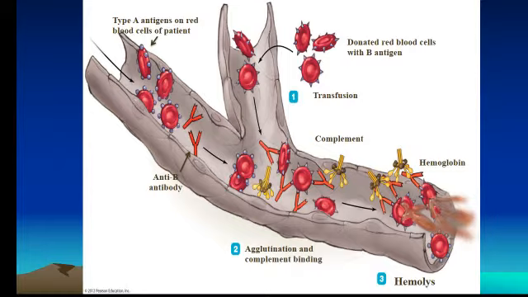Then we have the donated red blood cells with B antigen, which have a different shape. With transfusion, number 1, complement, then hemoglobin. Number 2, aggregation of complement binding. Number 3, hemolysis with hemoglobin.